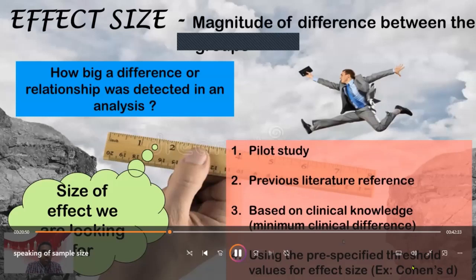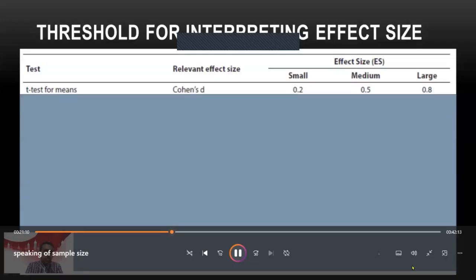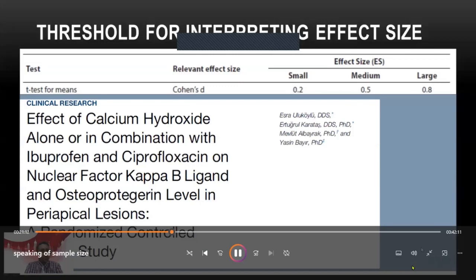If you don't have all these three, then you can go for the fourth one, which is the pre-specified threshold values for effect size, which is generally not recommended. It is the least acceptable one. However, there are some situations where we can go for these pre-specified threshold values. Let me give you an example from our Journal of Endodontics.